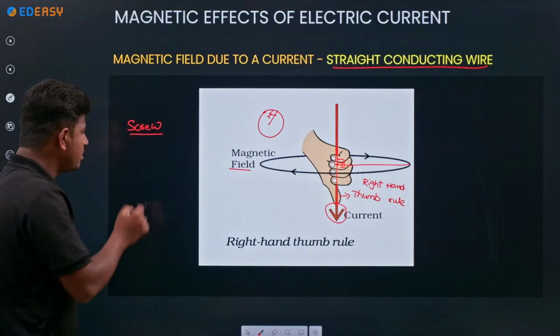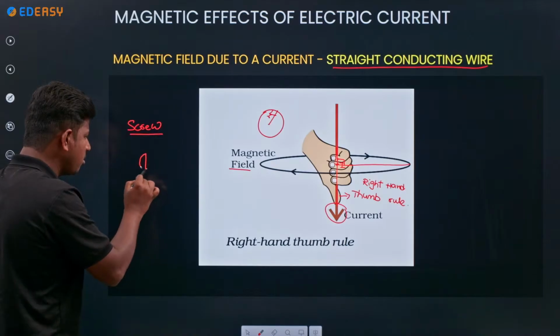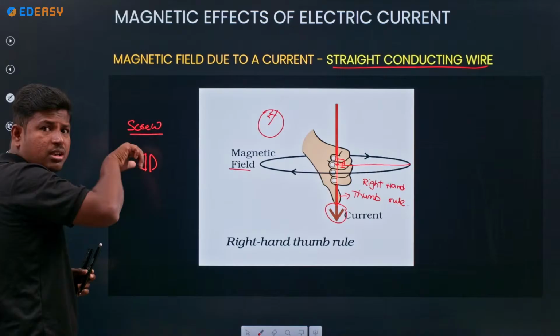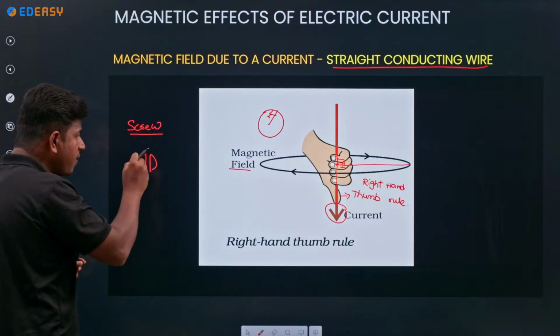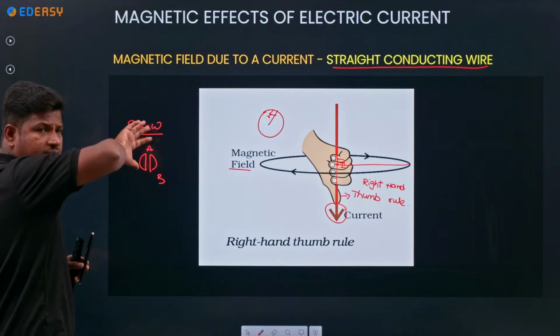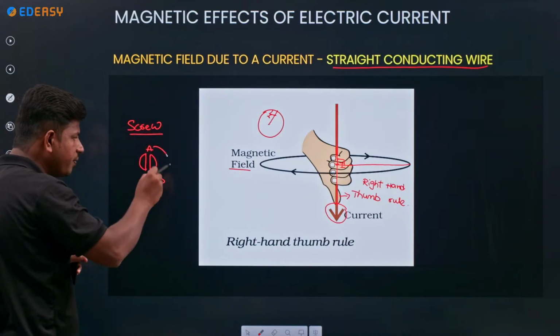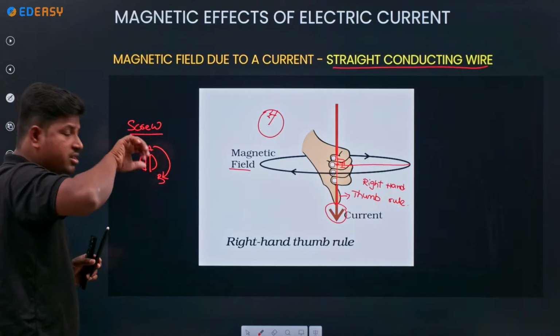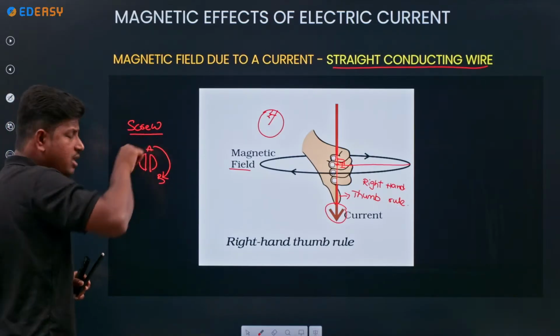Screw rule. See, if I am taking a screw like this, and inserting the screw at the top, which direction does it have to be turned? Right side, na, A to B, because fixing means it will go inside.